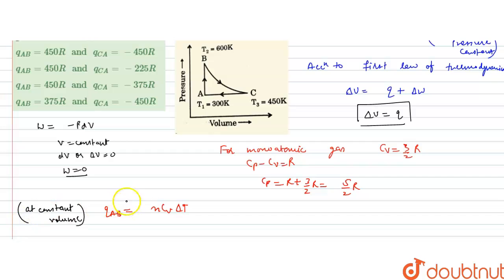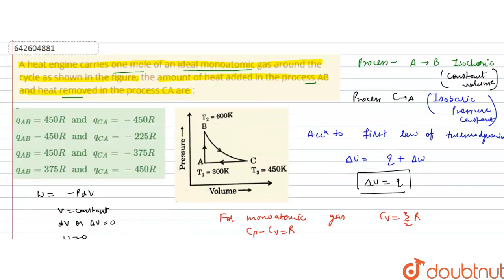So QAB is equal to the change in internal energy, nCv delta T. n is given as 1 mole, Cv for a monoatomic ideal gas is 3 by 2R, and delta T, the change in temperature, we see from the graph: the initial temperature is 300 and the final temperature is 600 Kelvin.